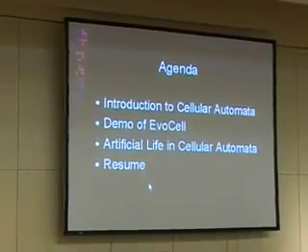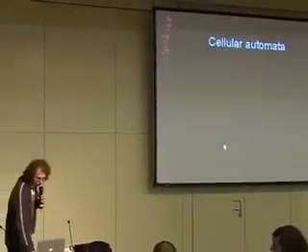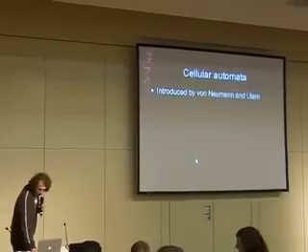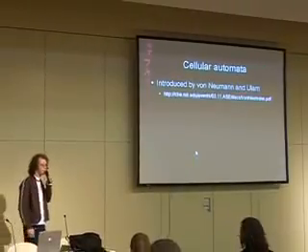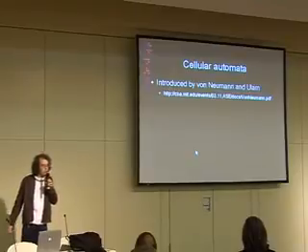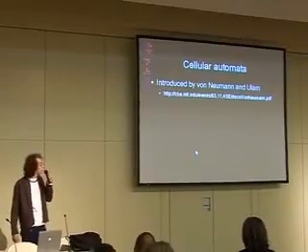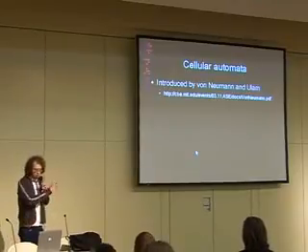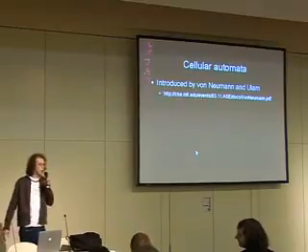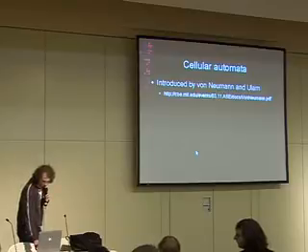So what is a cellular automaton? It was introduced by von Neumann and Stanislav Ulam in the 40s, I think. So the father of our computers is also the father of cellular automata. And at this URL, you can find a very interesting paper from that time, if you're interested.